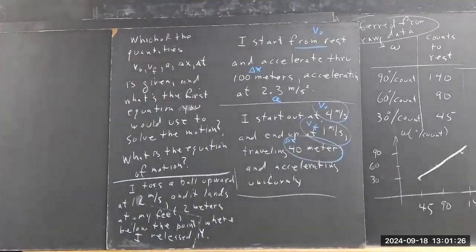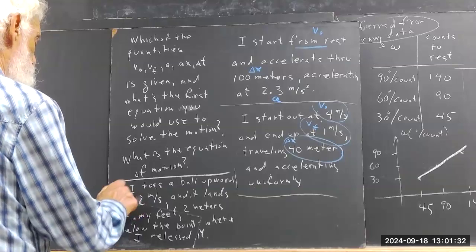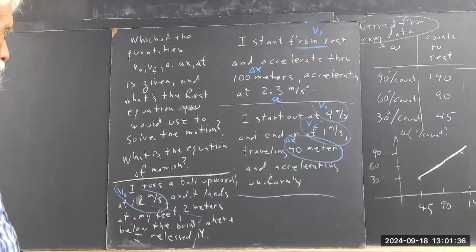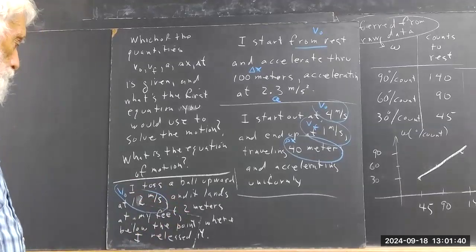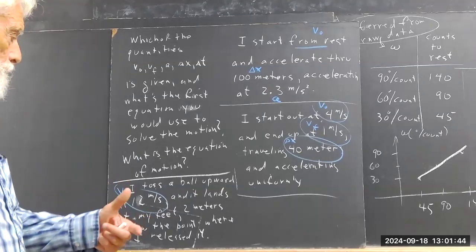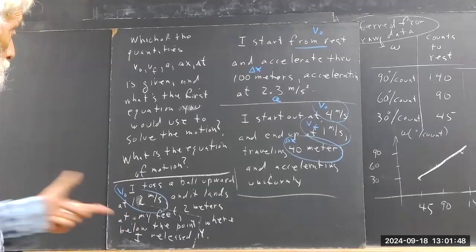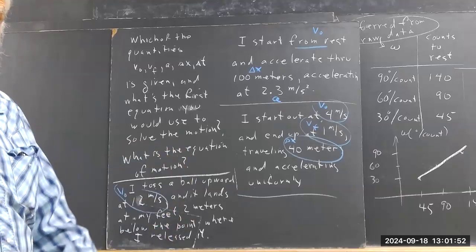Now, toss a ball upward at 12 meters per second. Well, that would be my V naught. It lands 2 meters below the point where I released it. So that would be my, what? Well, that's my delta X. Delta X is from start to finish.